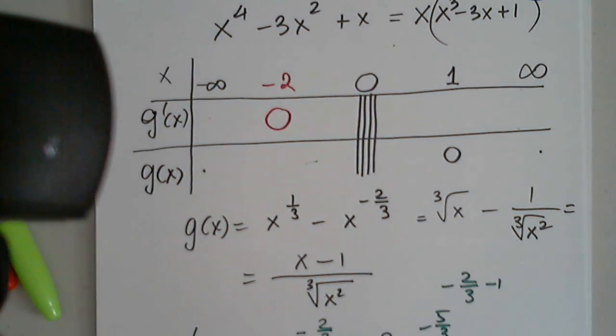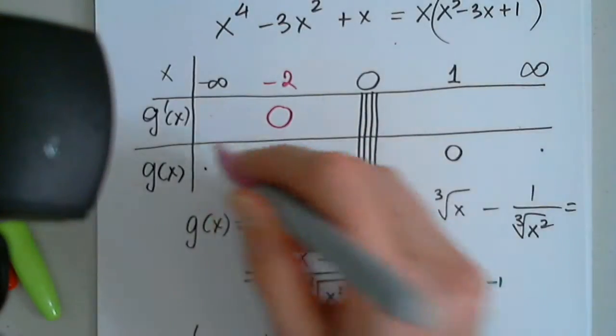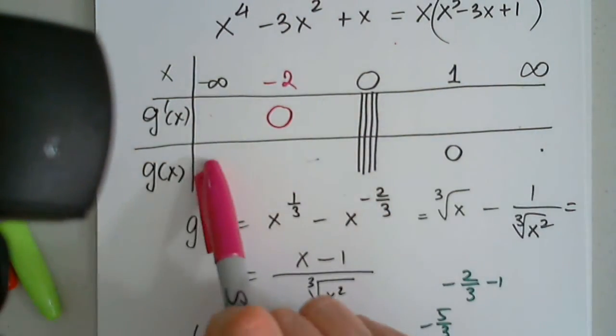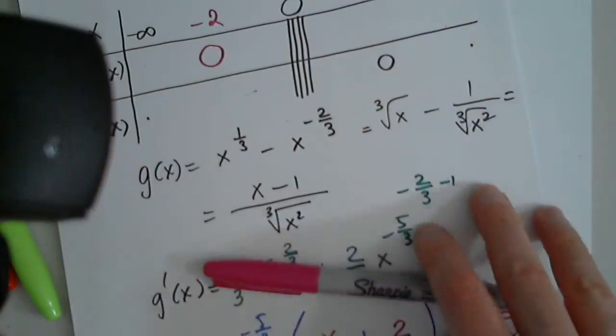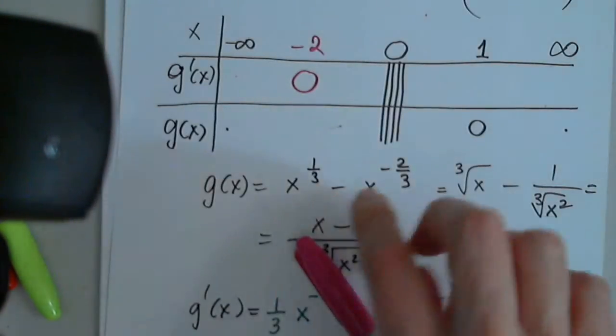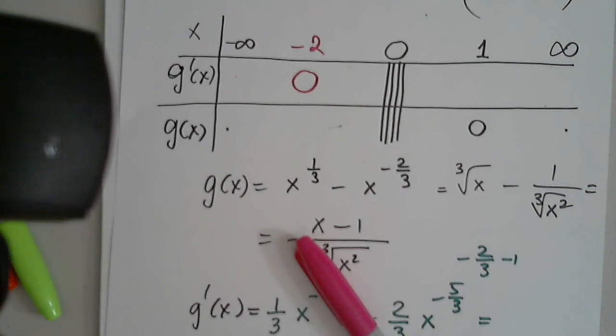What do I need to do next? After I found the critical number, what do I have to find next? Let's also find the limits here. From these two terms, which is the most powerful one?